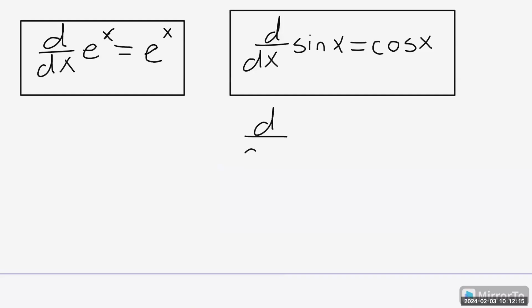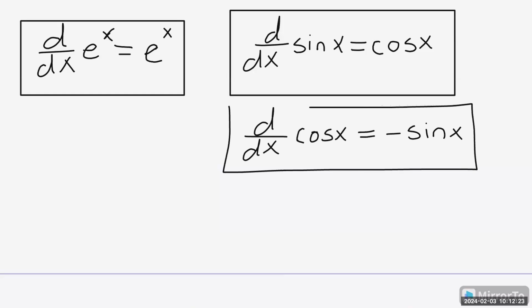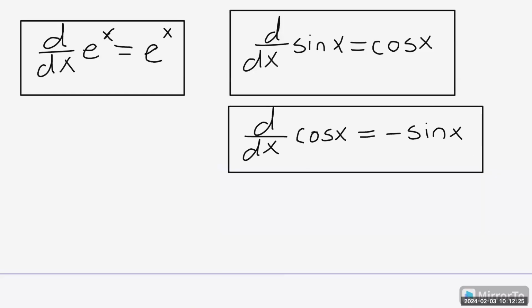And the derivative of cosine of x is negative sine of x. So let's just practice using these rules a bit.